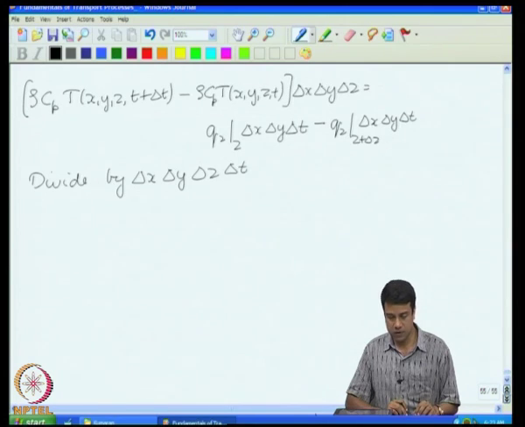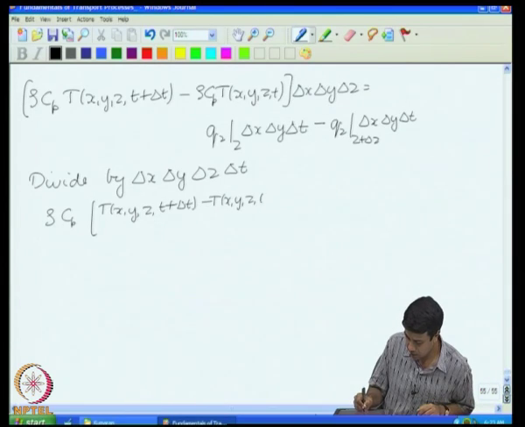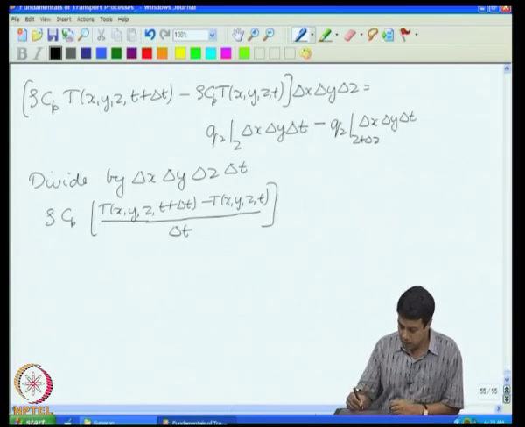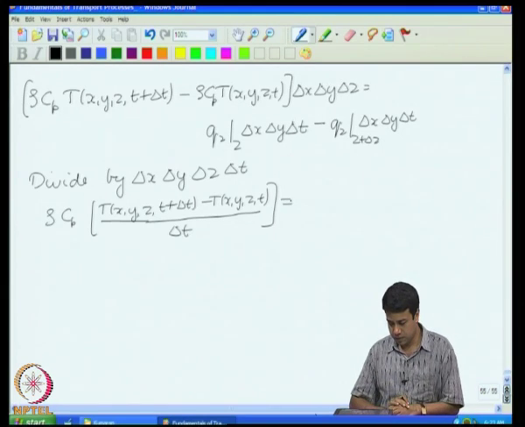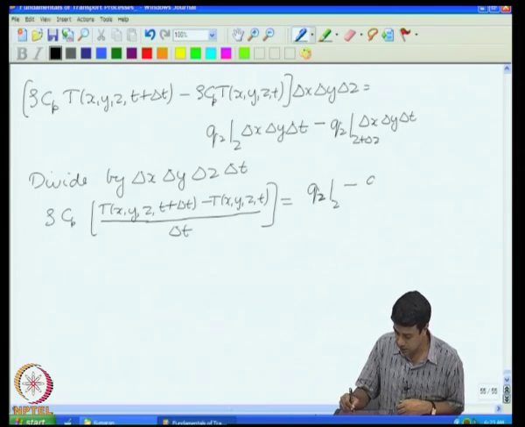Once you do this division, what you will get is that rho Cp into t at x, y, z, t plus delta t minus t at x, y, z, t, the whole thing divided by delta t, is equal to Qz at the location z minus Qz at z plus delta z, by delta z.